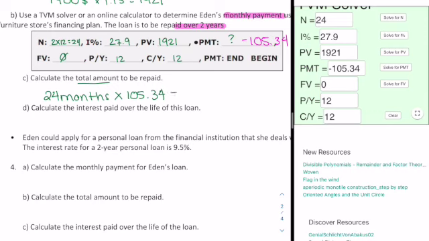This will give you $2,528.16. After that, calculate the interest paid. On top of it, she already had to pay the $1,921, and then she paid $2,528.16. That gives you $607.16.